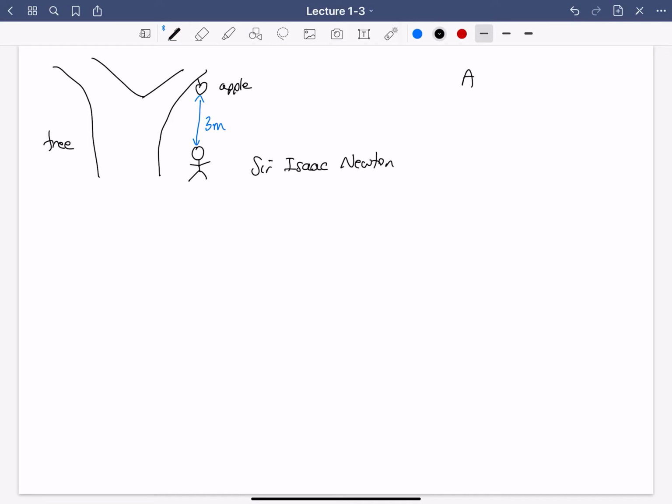So let me see, at time t equals 0, the apple falls from the tree. And the question I want to address is how long, how many seconds before the apple hits Sir Isaac's head.